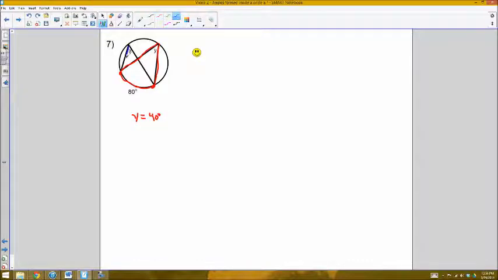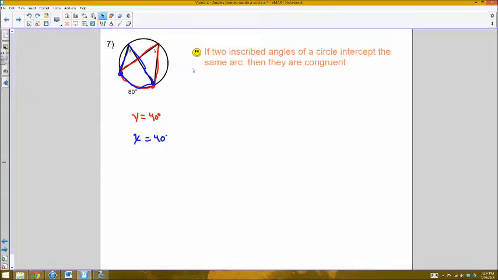Angle x is inscribed within that exact same arc of 80 degrees, meaning that x would have to be half that, which is 40 as well. Well, this kind of gives us a clue that anytime I have two angles inscribed within the same arc, those two angles are going to have to be equal to each other, or congruent. So that gives us another theorem that we can use in future examples. Two inscribed angles of a circle which intercept the same arc will be congruent to each other.